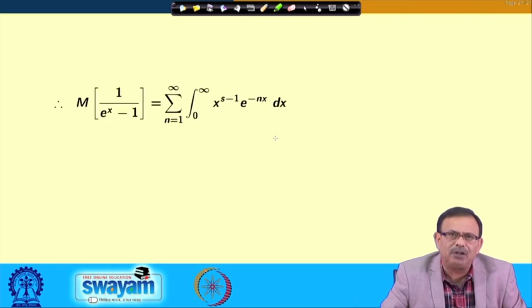So, that Mellin function of 1 by e power x minus 1, I can write down this integral, which is nothing but the summation n equals 1 to infinity of the integral 0 to infinity x to the power s minus 1 e power minus n x dx, which is nothing but gamma s by n to the power s.